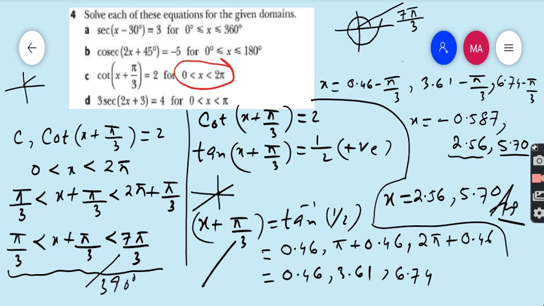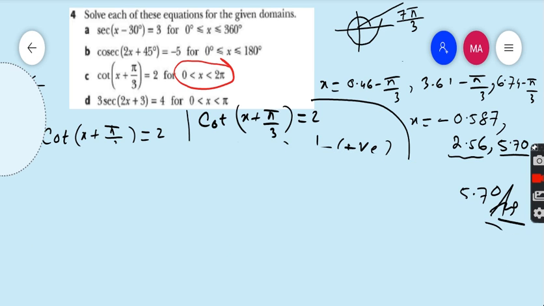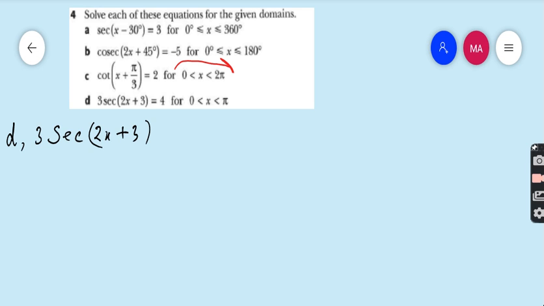Now start the last part, D. Part D is 3 sec 2x plus 3 is equal to 4. The domain is given.